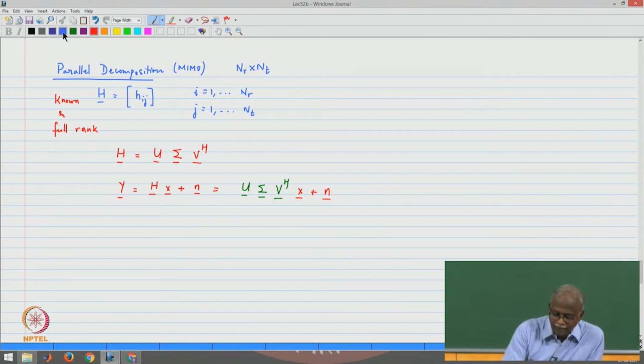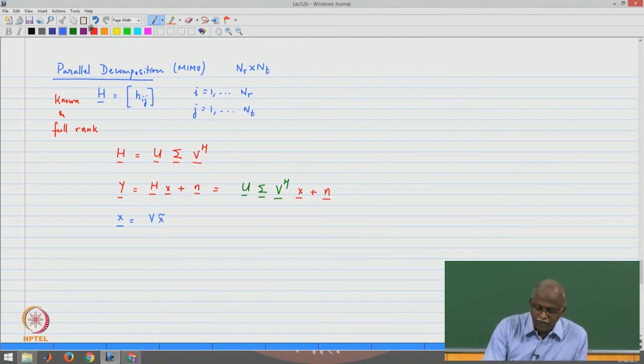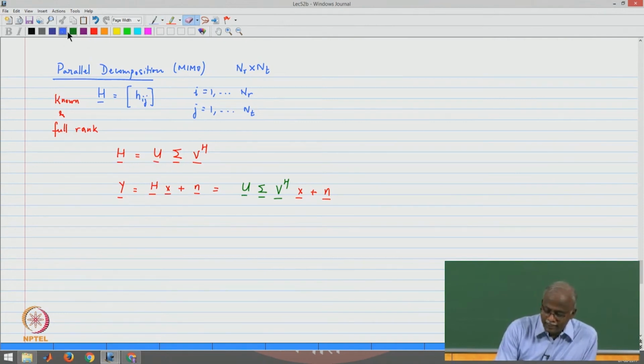So, if I define the vector x in the following manner, if I define the vector x to be equal to V times x tilde, or in other words, let me write it in a slightly different way. I would now like to take this vector x, pre-multiply it by the matrix V, and we will call that x tilde.